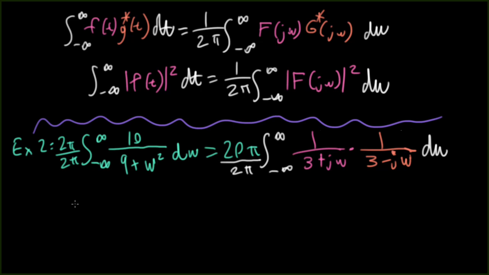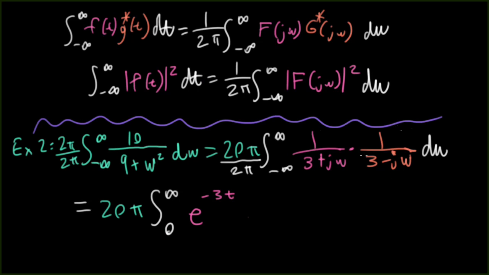So what does this whole thing equal here? Well, I still have this 20 pi sitting here in front. But now I can use this theorem here and write this as an integral of the inverse Fourier transforms. So this 1 over 3 plus j omega has an inverse transform of e to the minus 3t u(t). Let me take the u(t) and incorporate that by changing the lower limit to 0.